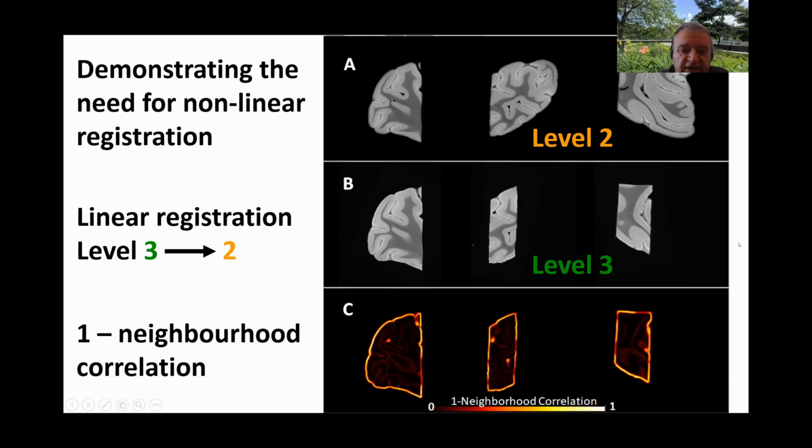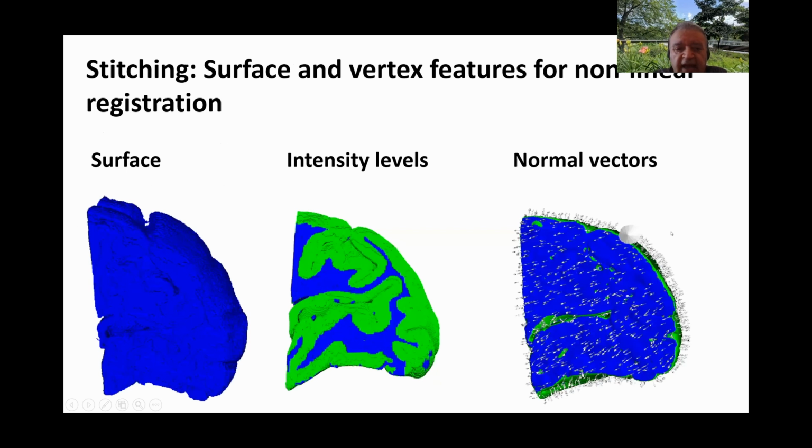This is the demonstration that we need a nonlinear registration. And to do that, we use surface and vertex features for nonlinear registration. So we perform a surface registration. We use the following features. First, the surface shape.